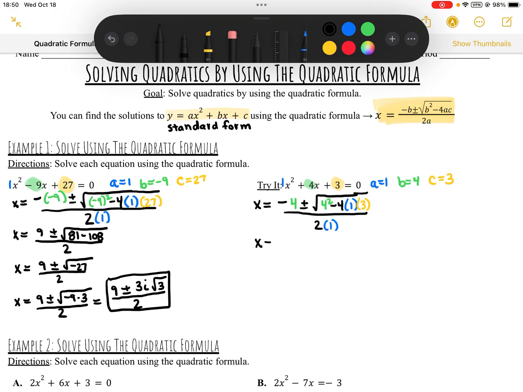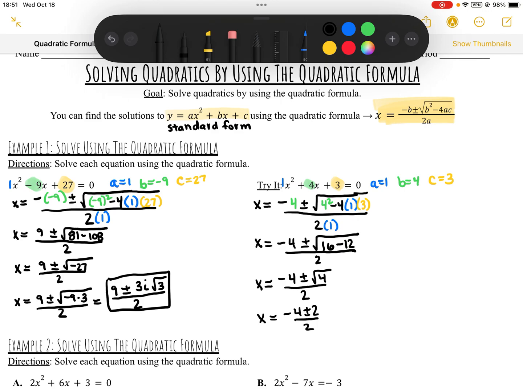So I'm going to have x equals negative 4 plus or minus 4 squared is 16 minus 4 times 1 times 3 is 12, over 2 times 1, 2. The 16 minus 12 will give me 4. So I have negative 4 plus or minus the square root of 4 all over 2. Square root of 4 is 2.